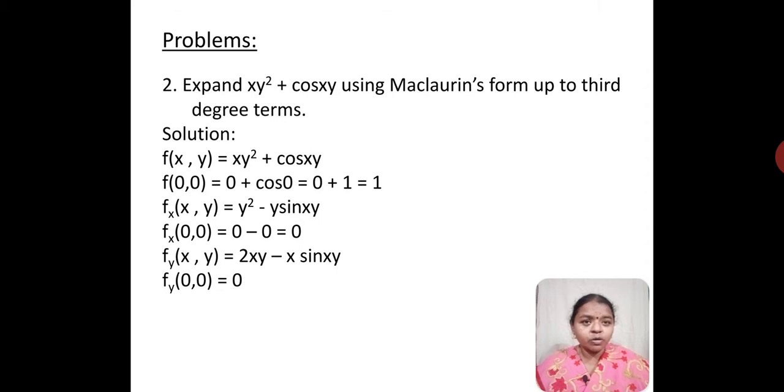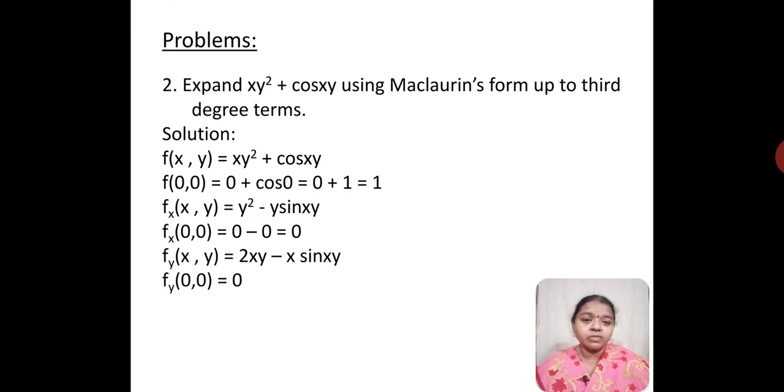Can you all tell me what is differential of cos x? You know it is minus sine of a function. So it is minus sine xy into the constant term, which is y here. So it is multiplied by y. Next, put x is equal to 0, y is equal to 0. So fx of 0 comma 0 becomes 0 because sine 0 is 0.